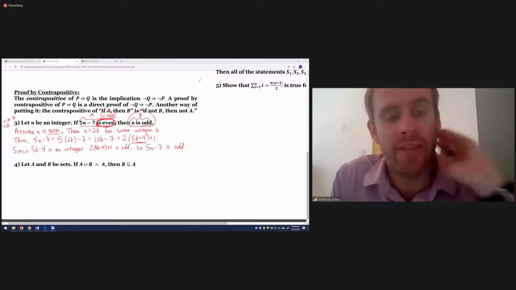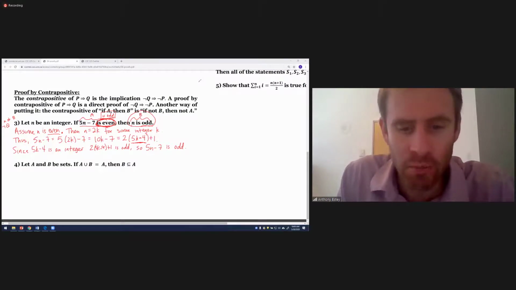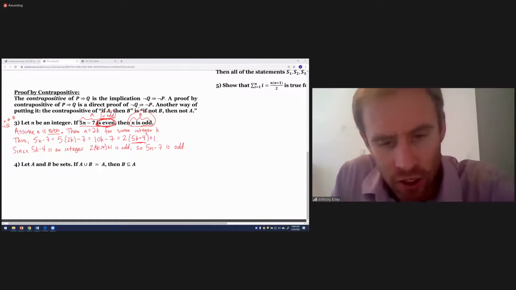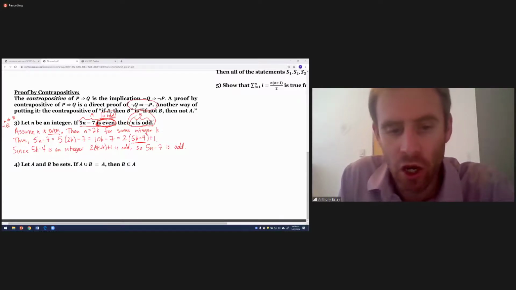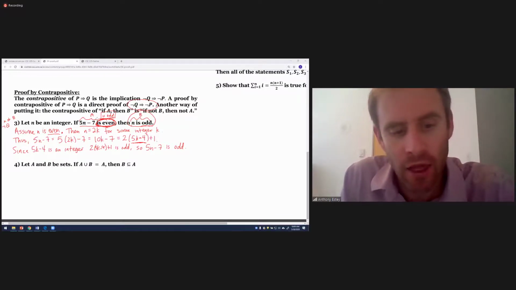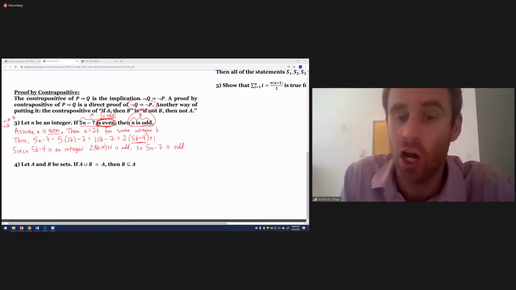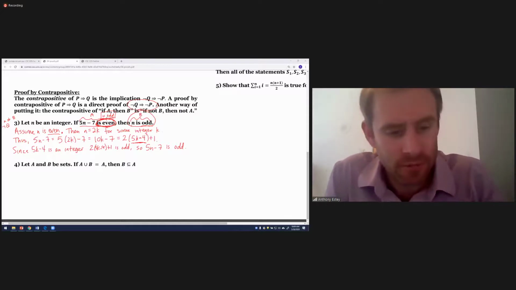Yeah, you did. So for the contrapositive, we're showing that not Q implies not P. So when we've got not Q, which was n is even, that implied that not P was true, which is 5n minus 7 is odd.